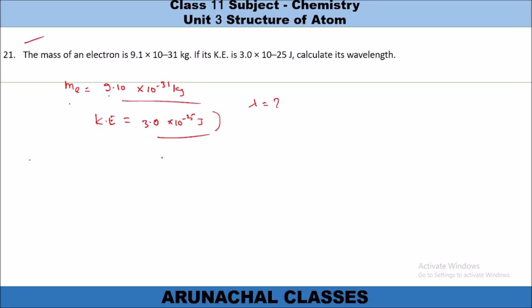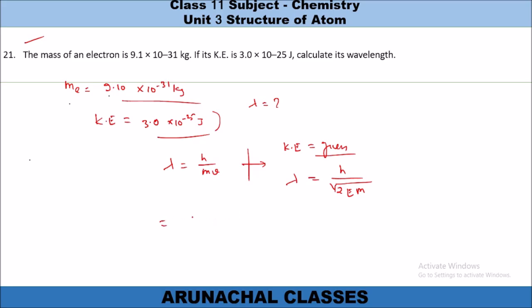So we have the de Broglie equation, that is lambda equal to h upon mv, and we can adjust this particular equation in this form. If the kinetic energy of the particle is given, then we use the de Broglie wavelength this way: lambda is equal to h upon root over 2 em, where m is the mass.